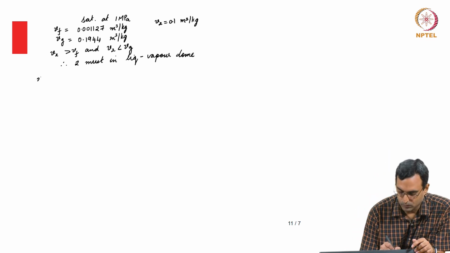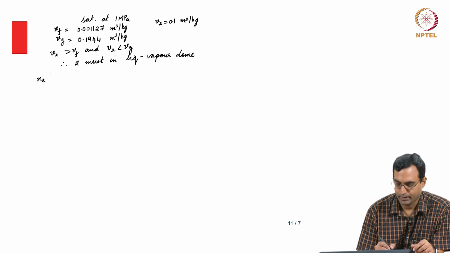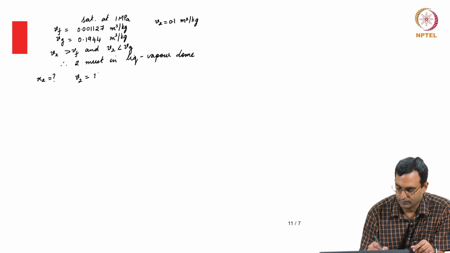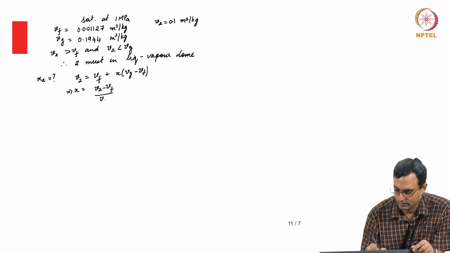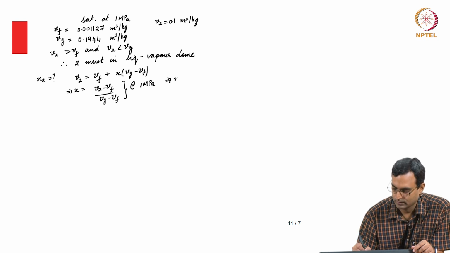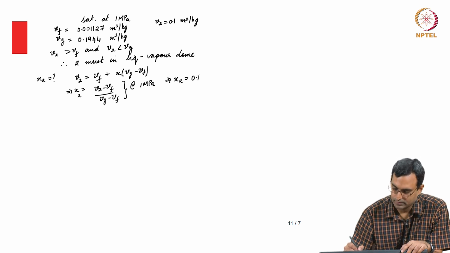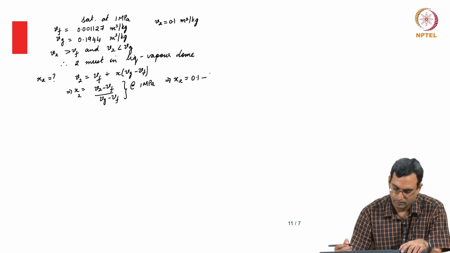So, I can find out x2 the same way in which I found out x1. So, I have v2 is vf at this condition plus x into vg minus vf. So, x is, with all of these at 1 megapascal, v2 is 0.1 minus vf.